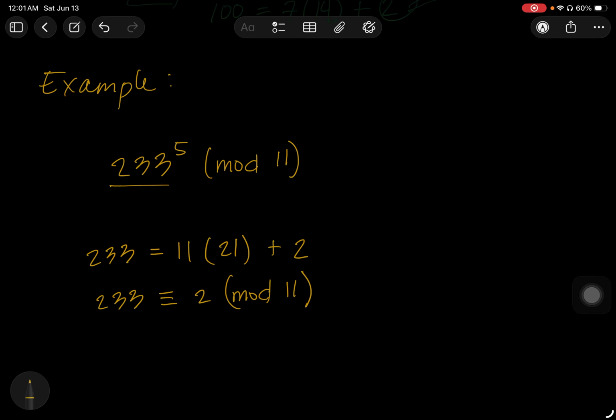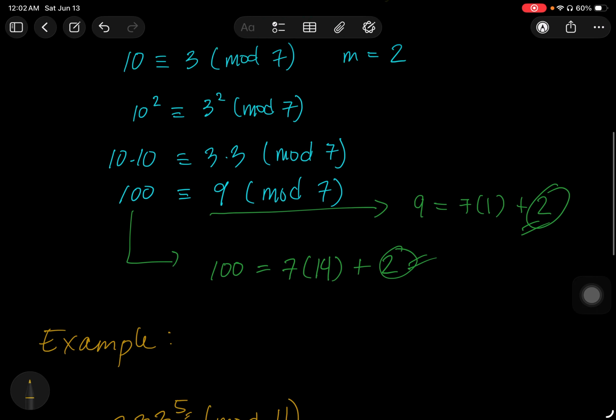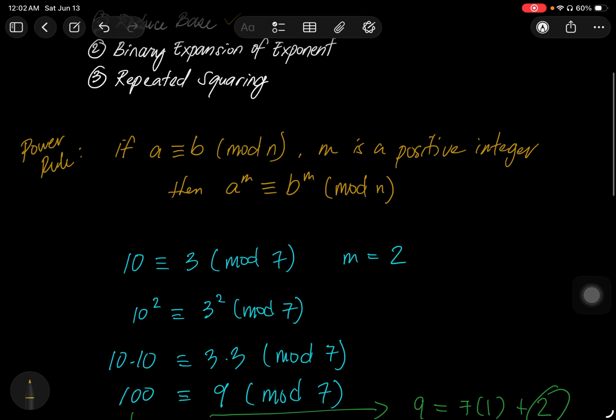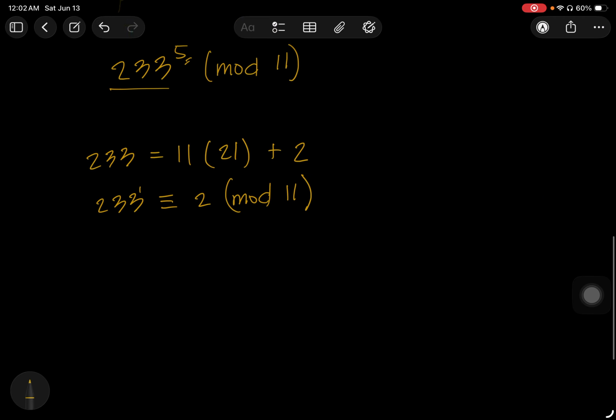However, this is only raised to 1. What we want is to have it raised to 5. So going back to the power rule, any positive integer m can be used to raise both a and b and still maintain the congruence. So let's introduce m equals 5.